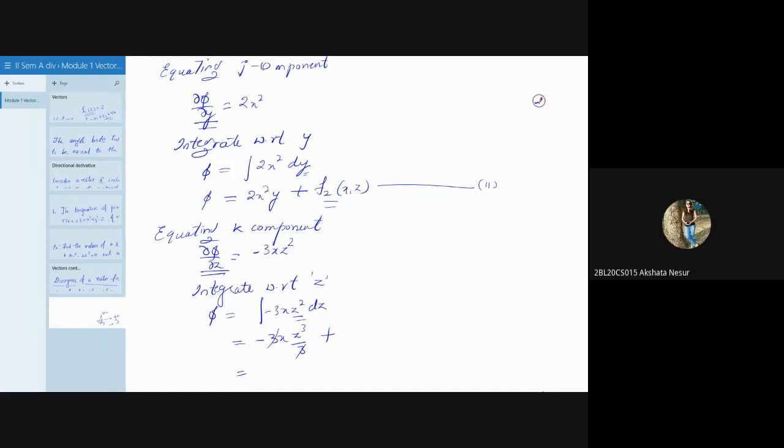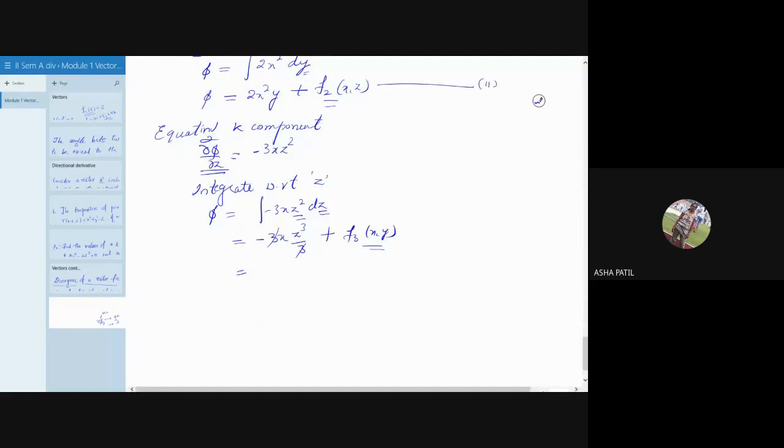A function f3 of xy. Because we are integrating with respect to z, we'll add a function in terms of x and y as a constant. So we got φ equal to minus xz³ plus f3 of xy. Let this be equation 3.